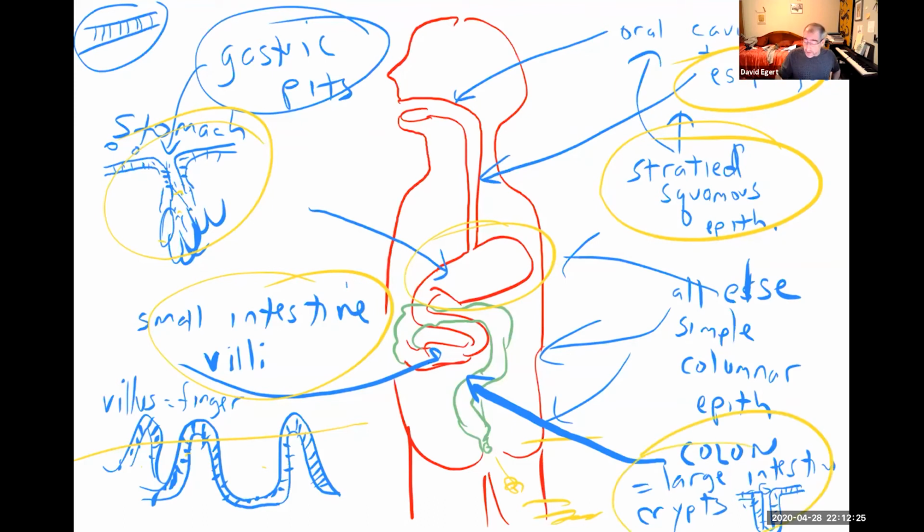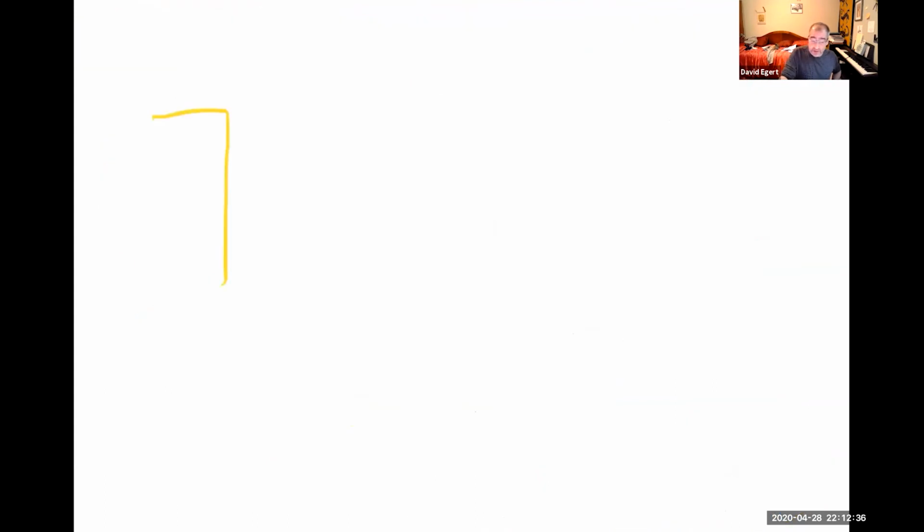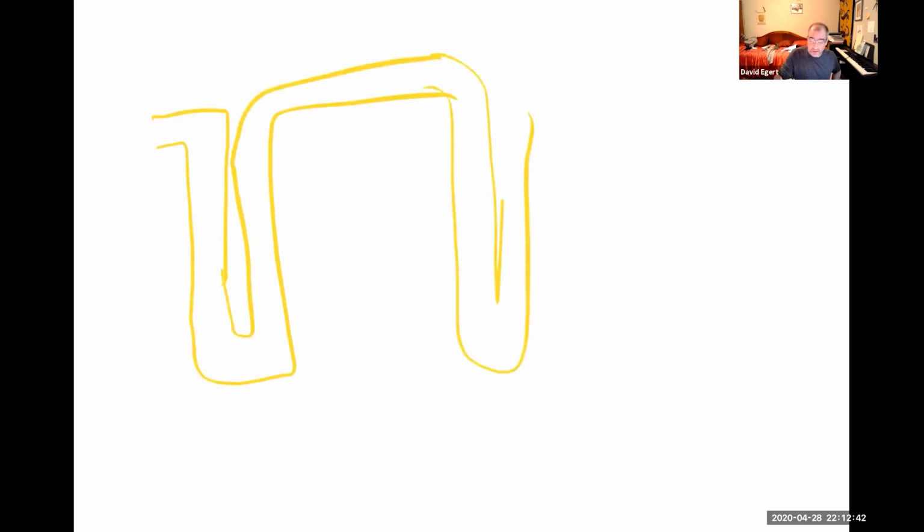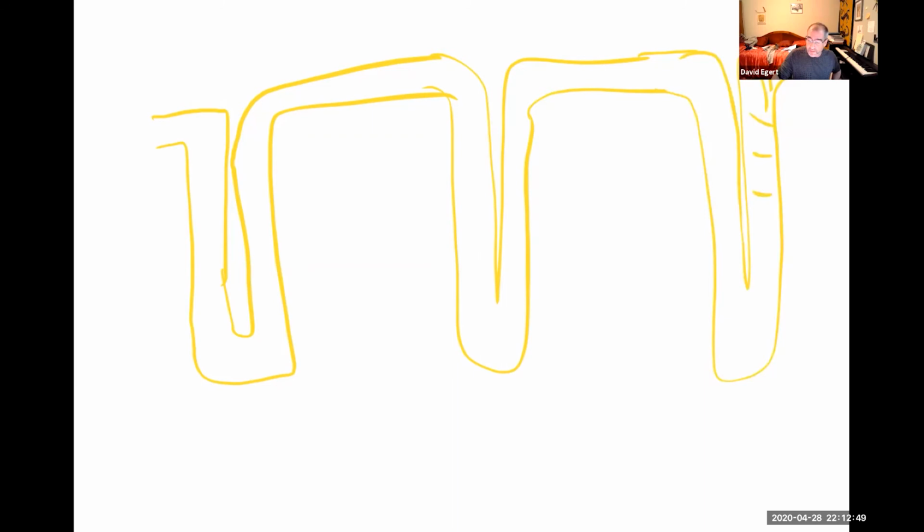The colon, you have these like gopher holes, basically. If I have a bunch of gopher holes, and I cut it just right, it'll look like this.